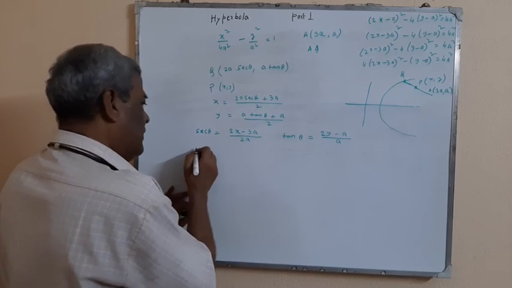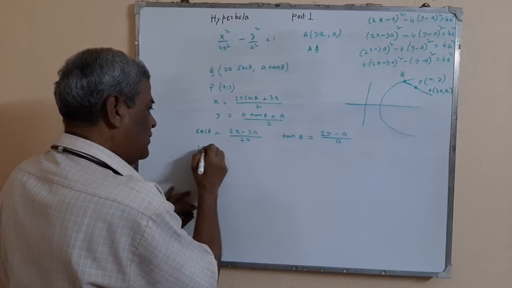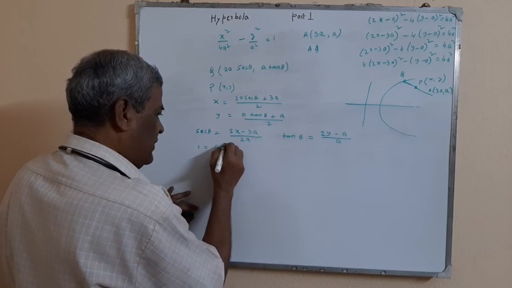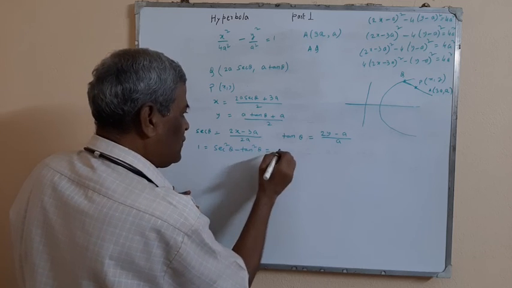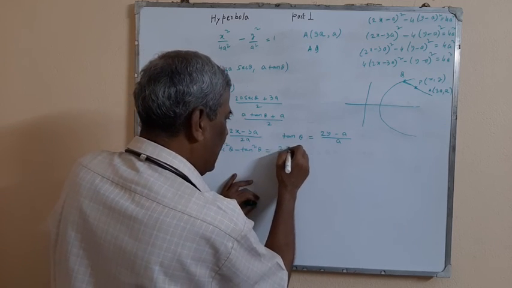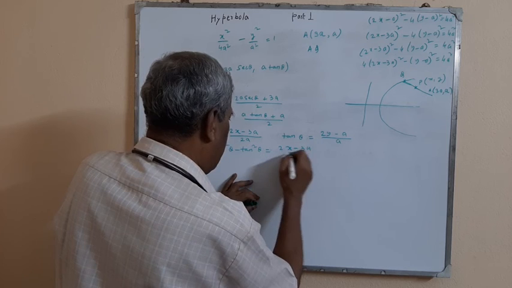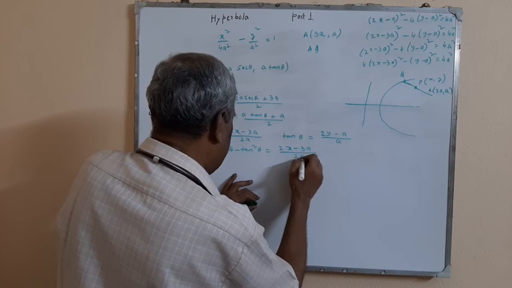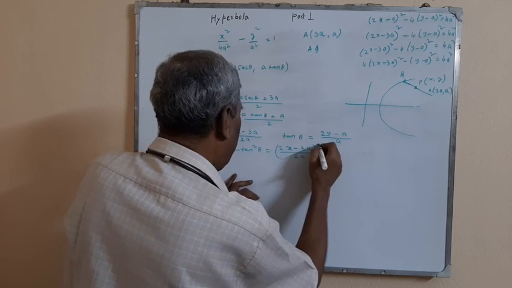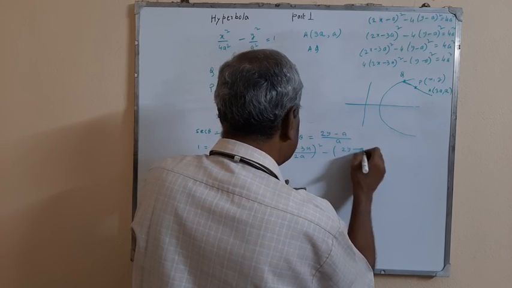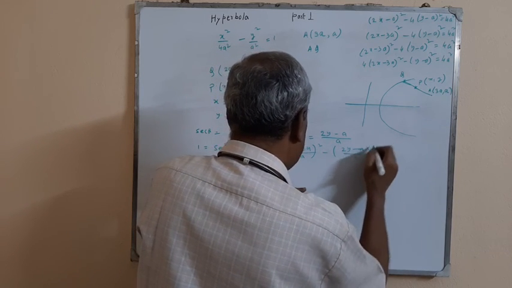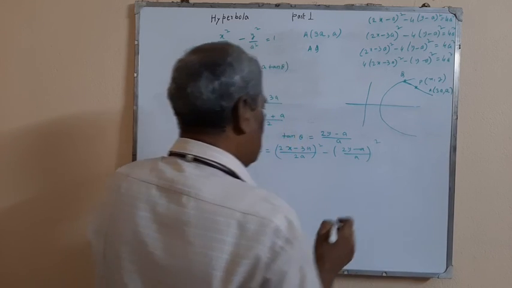Now we know 1 is equal to sec square theta minus tan square theta, is equal to 2x minus 3a by 2a whole square minus 2y minus a by a whole square is equal to 1.